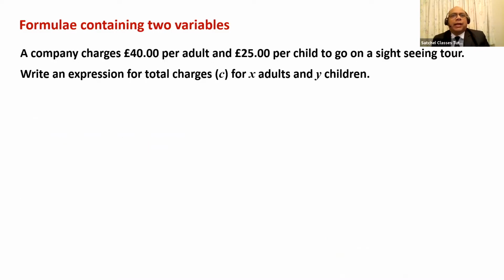Right. Now, let's make it a little difficult. So let's construct formulae which involve two variables. A company charges £40 per adult and £25 per child on a sightseeing tour. Write an expression for the total charges, to be given by the letter C, for X adults and Y children.